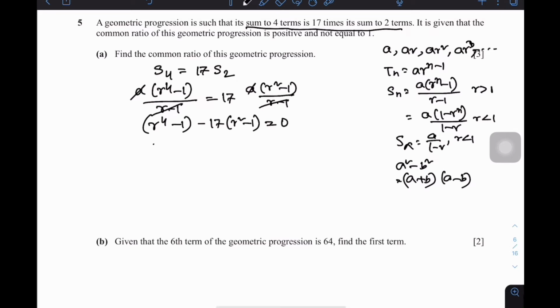So let me write here r to the power 4 minus 1, that means r square whole square minus 1 square, that means r square plus 1 and r square minus 1, minus 17 r square minus 1 equals to 0.